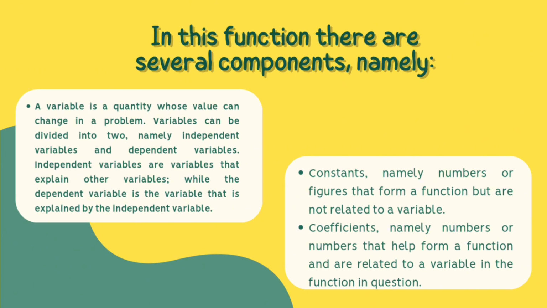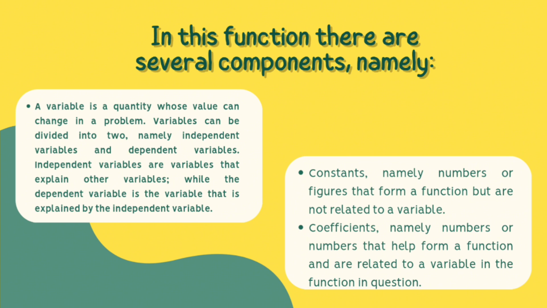In this function, there are several components, namely: number 1, a variable is a quantity whose value can change in a problem. Variables can be divided into two, namely independent variables and dependent variables. Independent variables are variables that explain other variables, while the dependent variable is the variable that is explained by the independent variable.